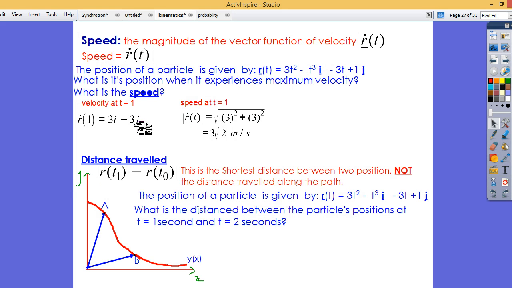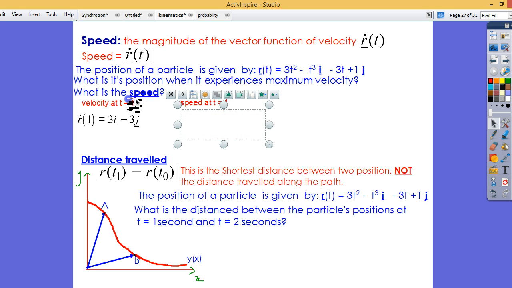Alright, speed. Now, speed is a little different. Speed is the magnitude of the velocity vector. Okay, so when we take the magnitude of the velocity vector, we're determining the speed. This is not a direction, just the size only. So here's our question again with our position vector.